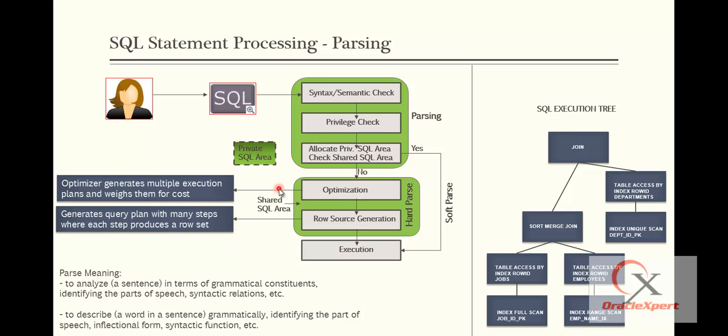That's not my focus area as of now, because I want to stop right at the execution phase. I don't want to go beyond execution to talk about the fetch, since my focus is to understand what exactly parsing means. So beyond this, there is one box that is missing, called fetch.